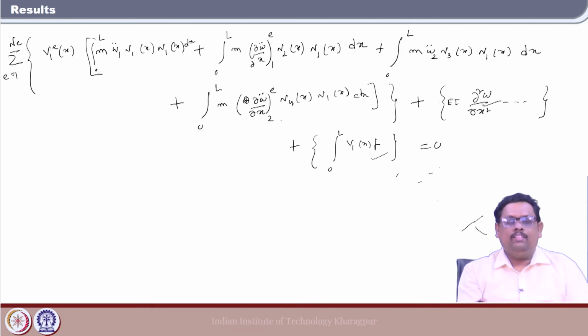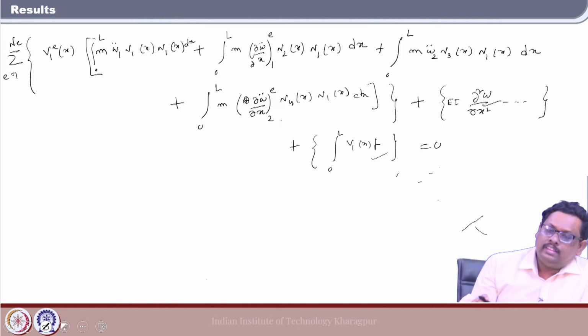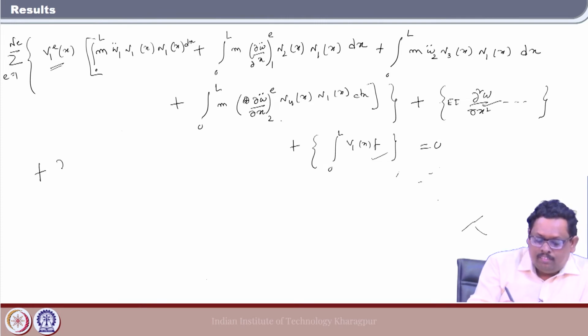I am focusing on only this and not focusing fully. I am writing this for V1 x. Now, similarly basically I can do the same for del V1 E by del x also.